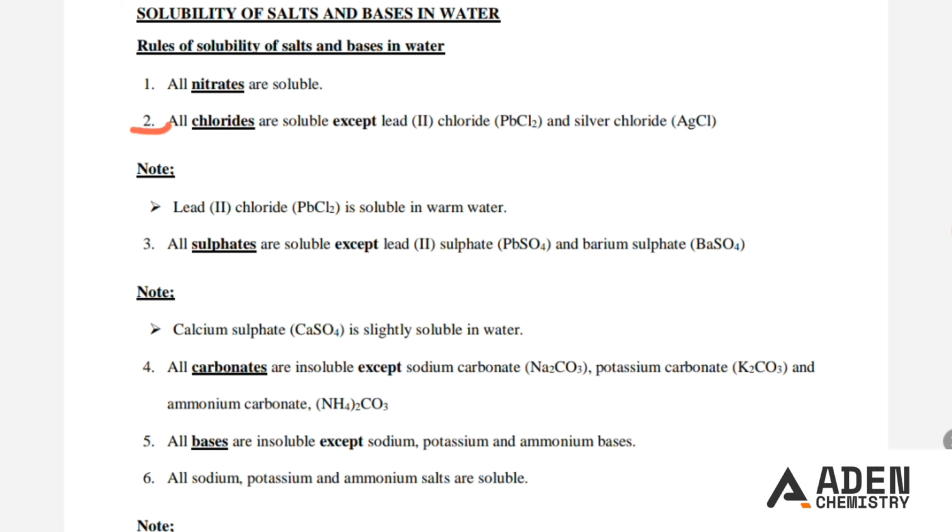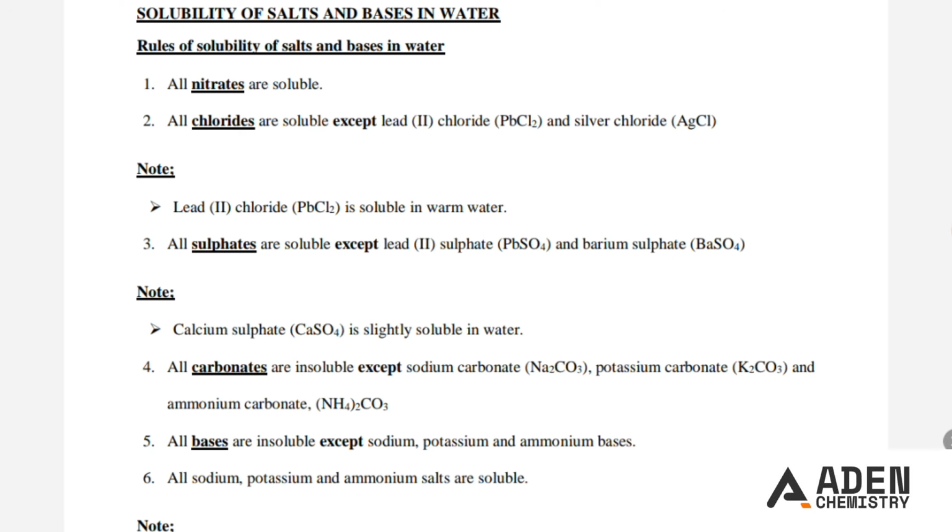Number 2, we're saying all chlorides are soluble. Examples of chlorides: you take any metal, then you add chloride, and what you're going to get is salts of chloride. So all chlorides are soluble except 2. One is lead(II) chloride, whose formula is PbCl2, and the other one is silver chloride, written AgCl. Note that lead(II) chloride is soluble in warm water.